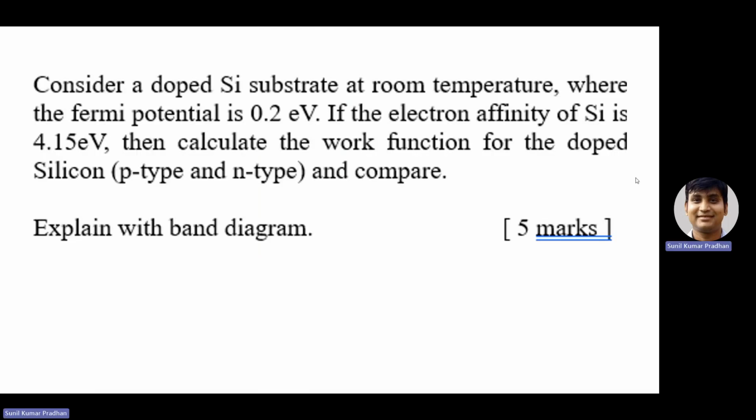Now next question. Consider a doped silicon substrate at room temperature where the Fermi potential is 0.2 eV. If the electron affinity of silicon is 4.15 eV, then calculate the work function of the doped silicon, p type and n type, and compare. Explain with a band diagram.